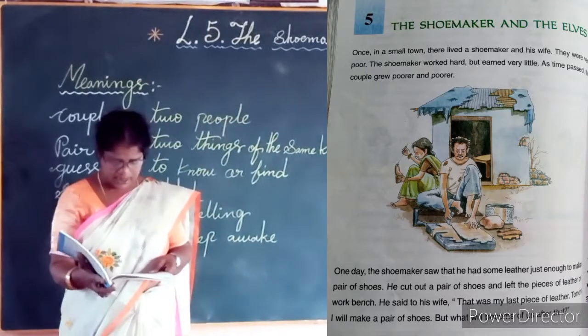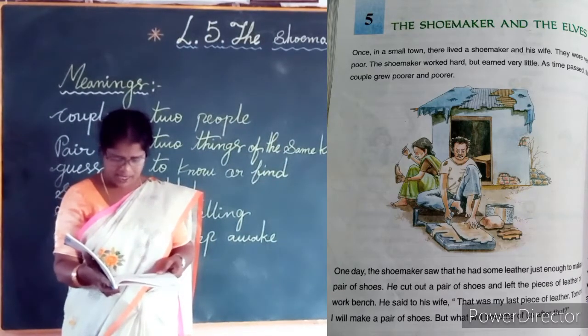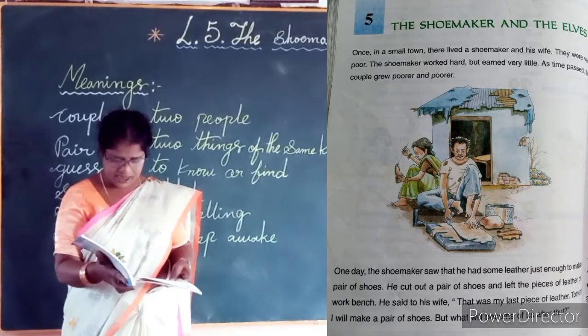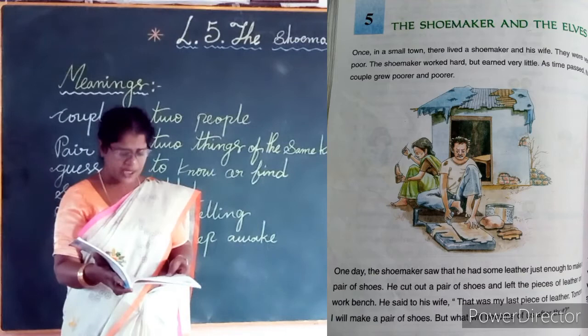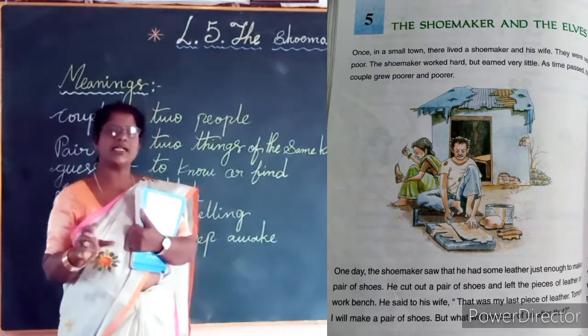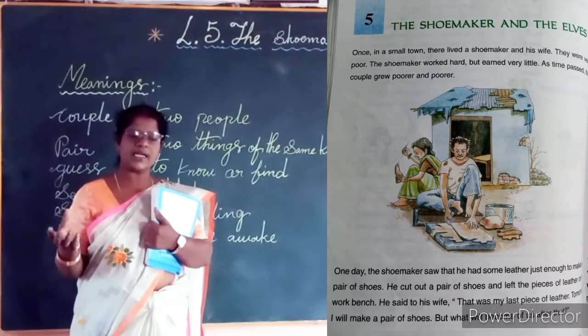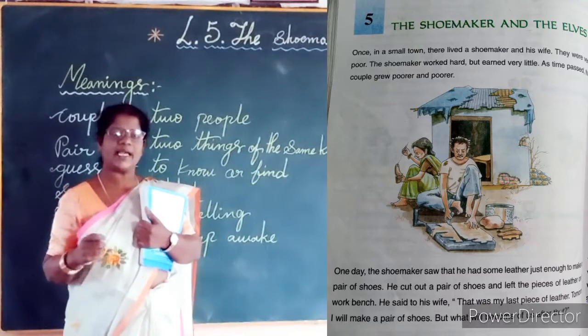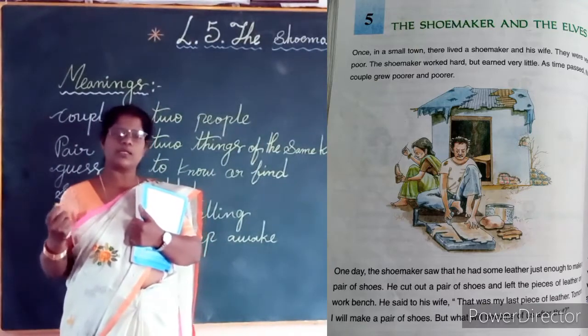One day the shoemaker saw that he had some leather, just enough to make one pair of shoes. One pair of shoes. Here the shoemaker is searching for a piece of leather to make a new pair of shoes.